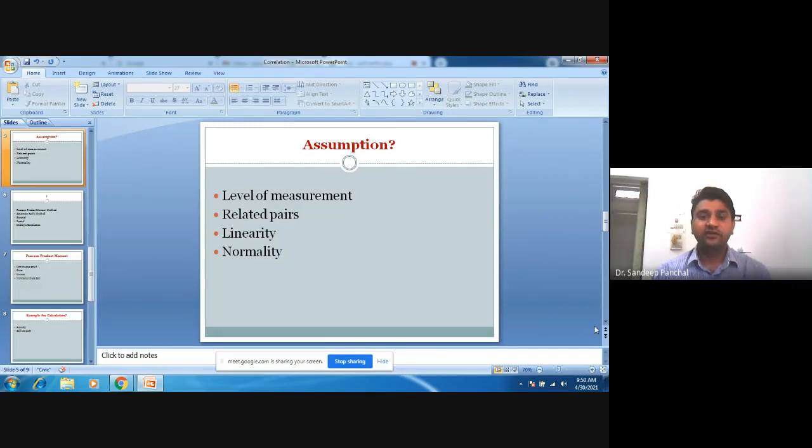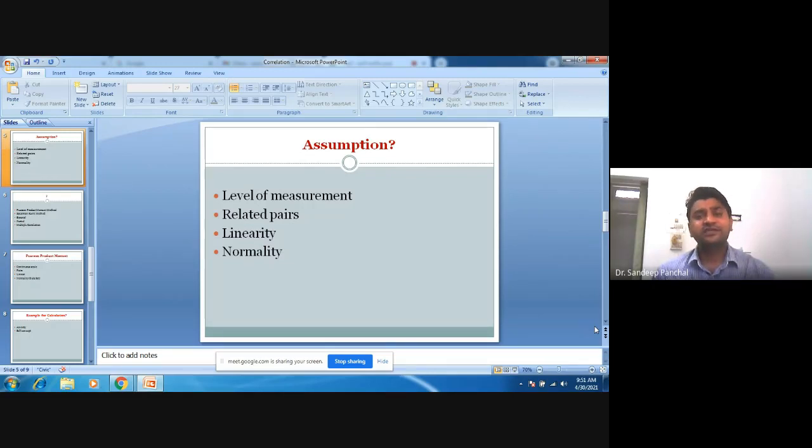All correlation methods have specific assumptions while we are calculating those analyses. In general there are three or four assumptions which we need to understand.